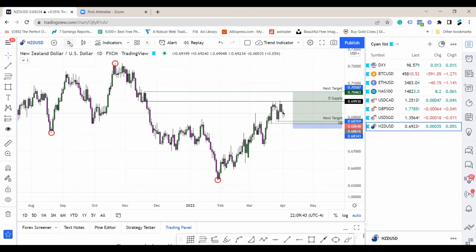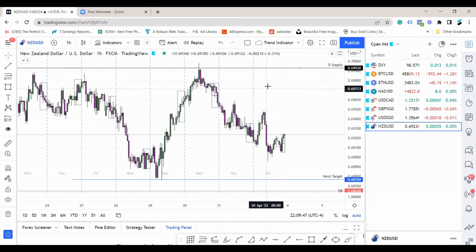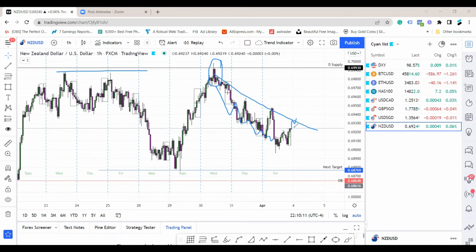Now the potential short is if I see the price move up to this, you can see that we have this trap order. We have this trend line, and we have plenty of liquidity up there. You can see the price actually took out this double top, moving lower, so I'm expecting the price to actually go lower.